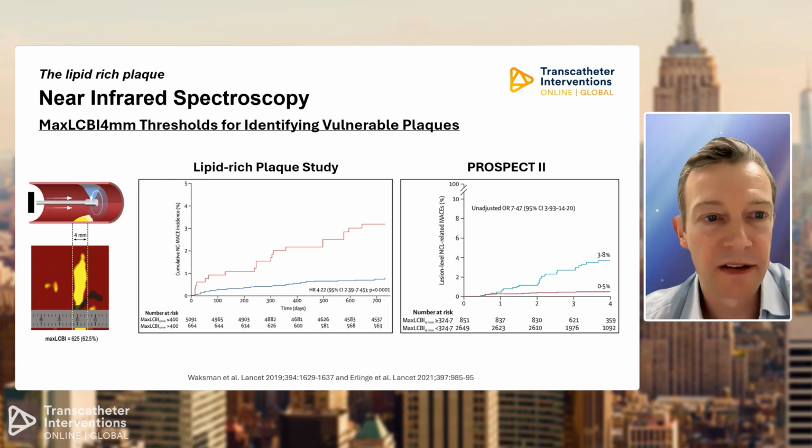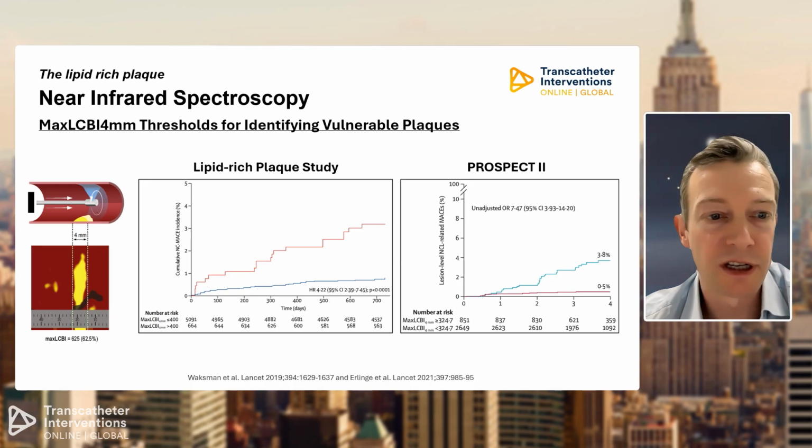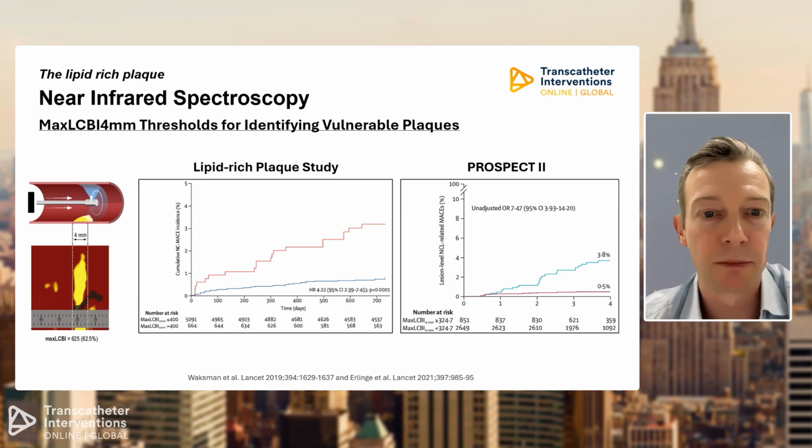Near-infrared spectroscopy is obviously something that most of you are aware of, a technology that allows you to identify lipid using near-infrared light with a high diagnostic accuracy, validated in a broad spectrum of pathological disease specimens.